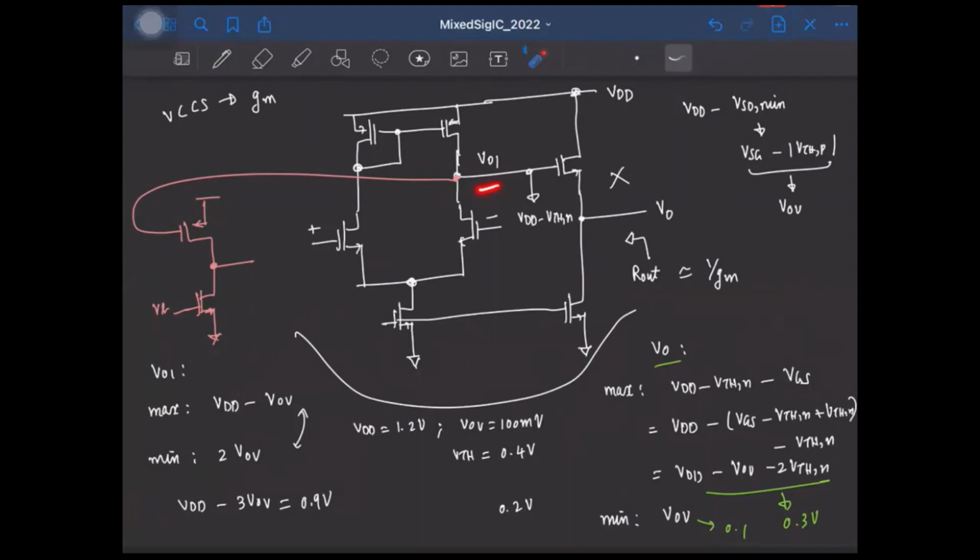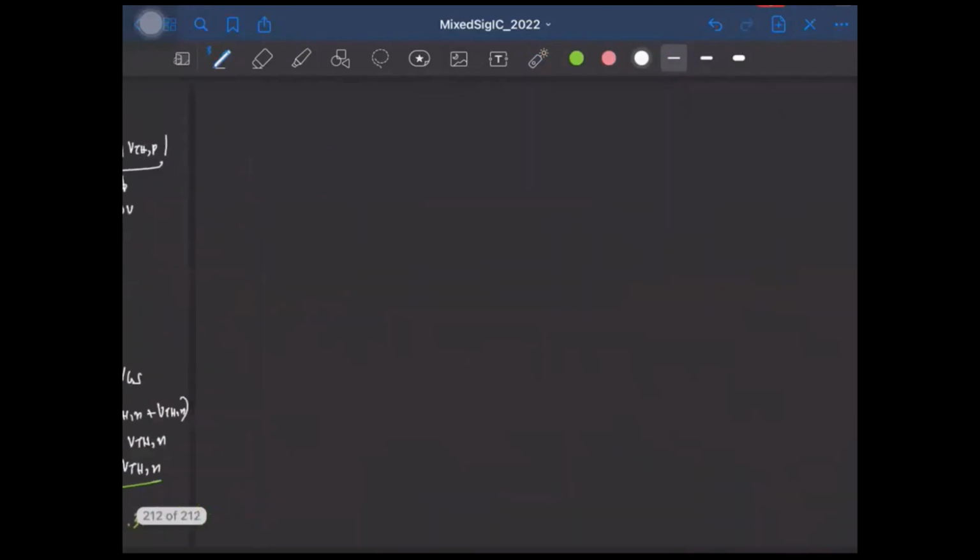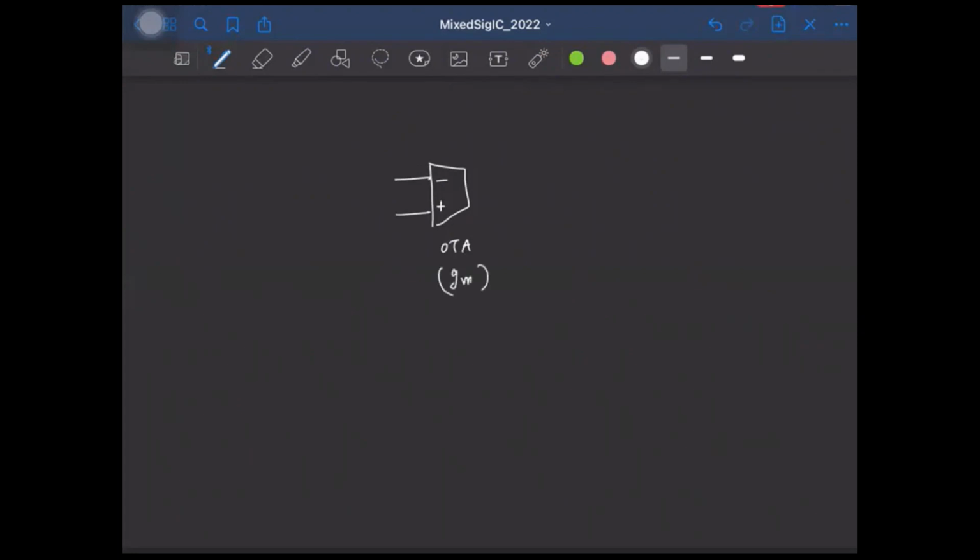The output impedance here is the R0 of this transistor parallel with this, right? So this is going to have a very high output impedance. So in practice, instead of having the OpAmp, we will have the OTA, or the operational transconductance amplifier, and it's denoted with this symbol. And this has some GM. Okay, so this will be the circuit we will have finally.